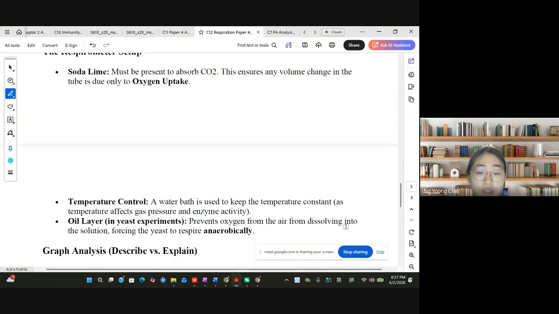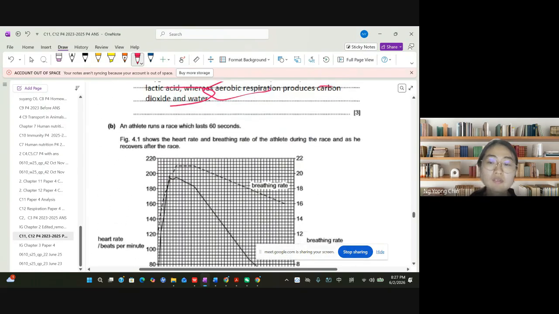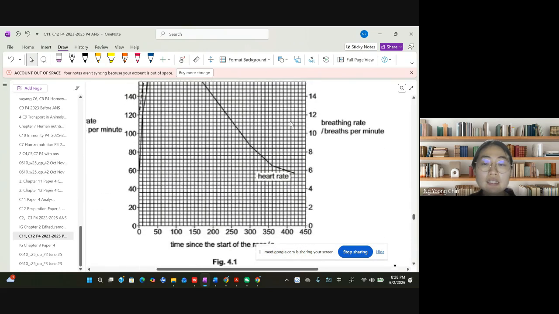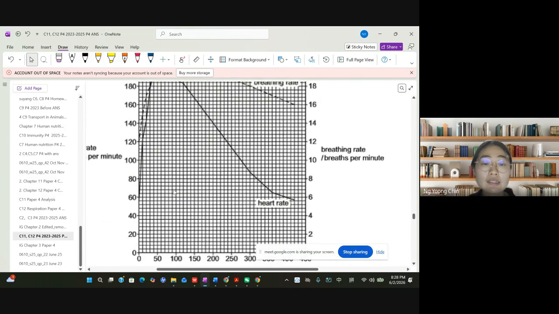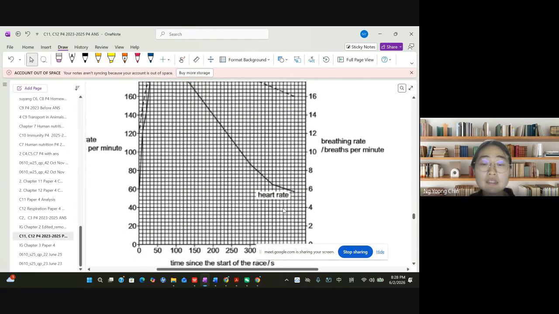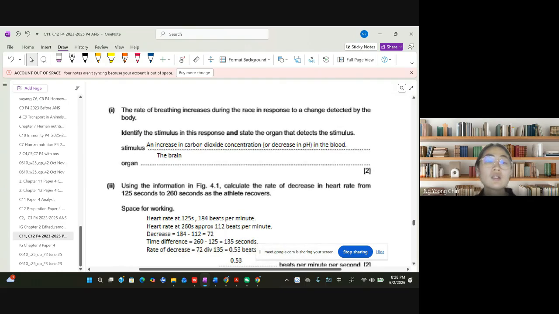Okay, which is in a word just like this. We go back to the question just now. Yeah, this one. So this is the heart rate and the breathing rate of the athletes during the race and the recovery after the race. Yeah, so you can see initially, when they are exercising, the heart rate is increasing, but later when they stop and rest, the heart rate is decreasing.